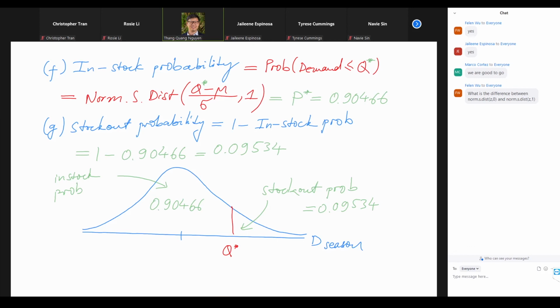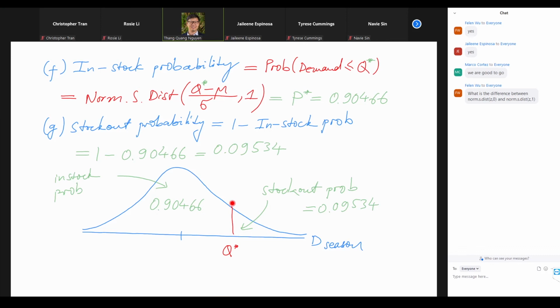All right, so Fallon, in Excel, if you put in 0, then it will not accumulate. For example, if you put the Q here and then Q star in and then you do the comma 0, then the comma 0 only tells you the height of the distribution right here.